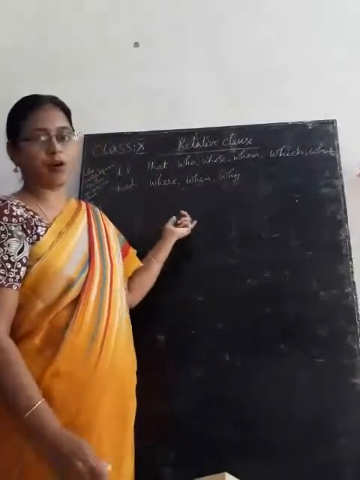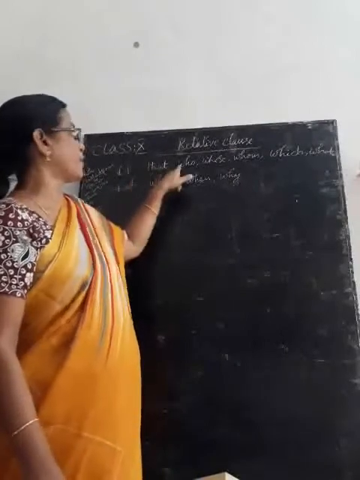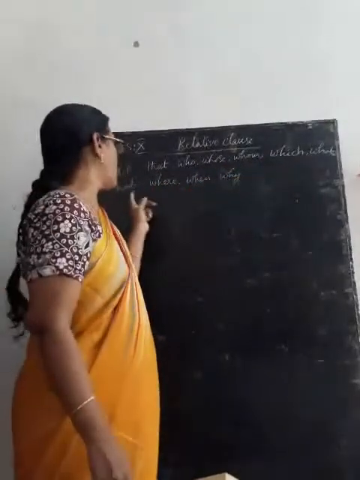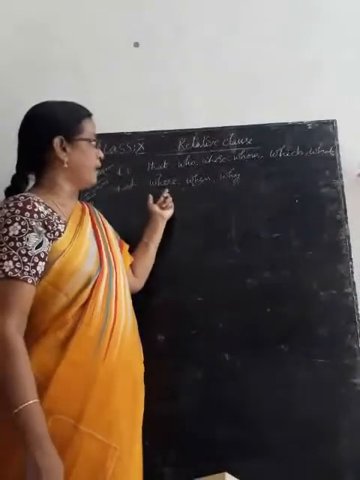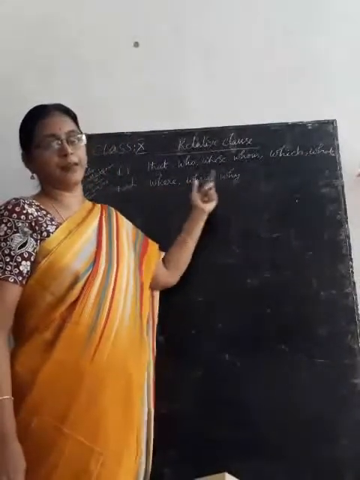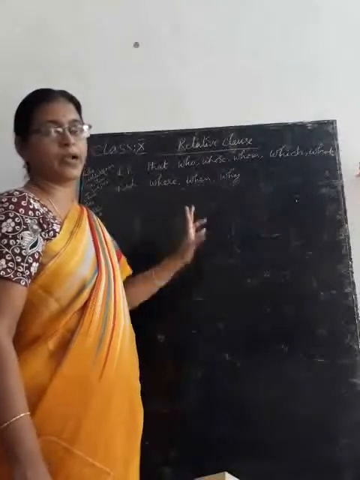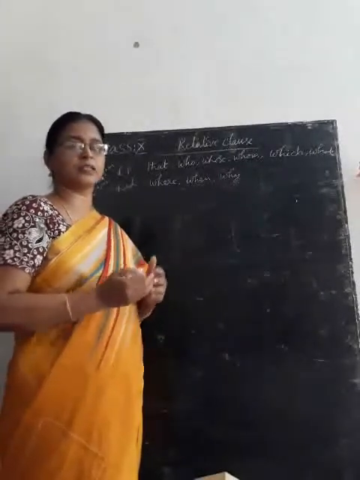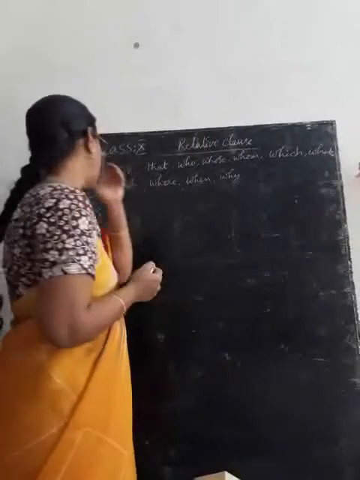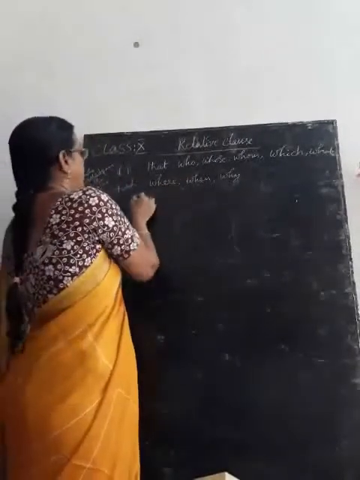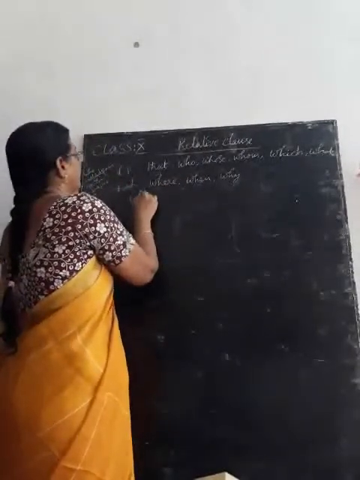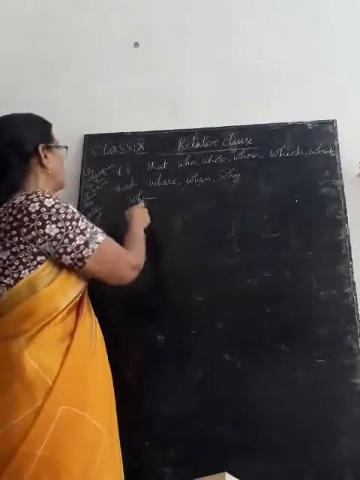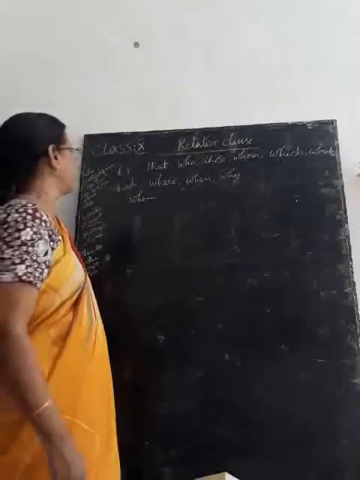Relative clauses are formed by using relative pronouns that, who, whose, whom, which, what, and relative adverbs where, when and why. By using these words we make relative clauses, and then we combine the two sentences that describe the same noun.